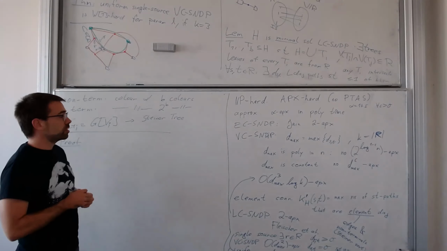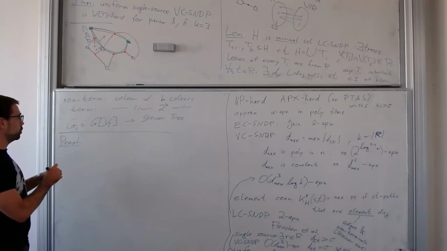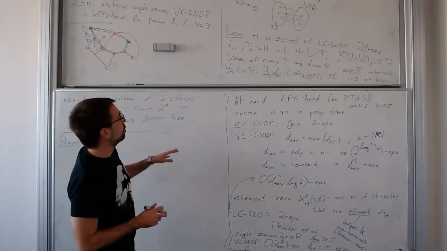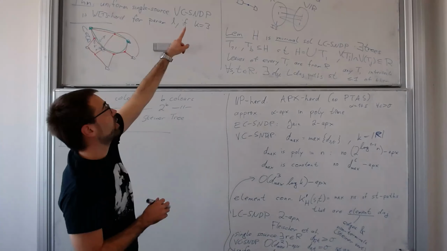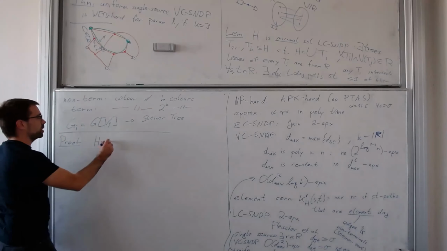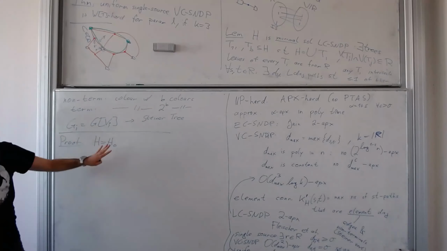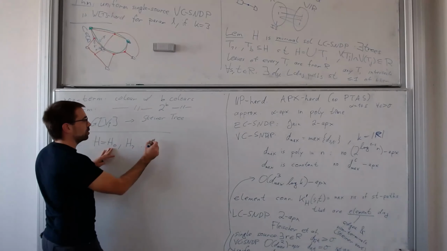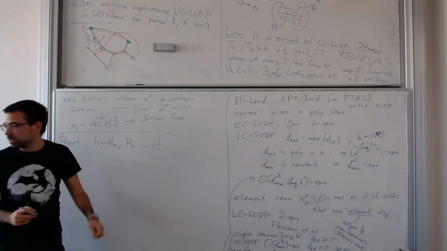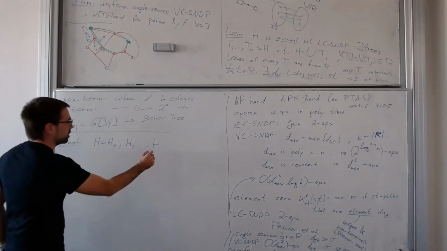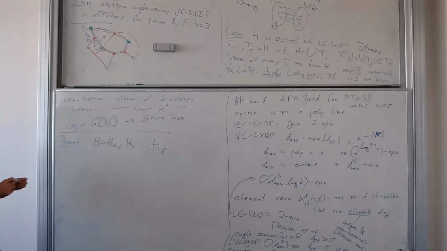So the first observation is, we take this minimal solution H and we apply this reduction lemma, the upper one, right? Let's say we take a sequence of these applications. We start with H, then we take H1, and so on, and in the end we have some final graph.